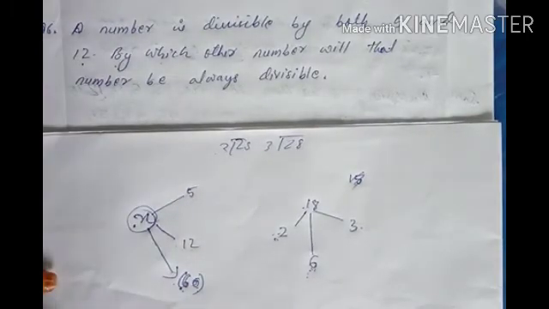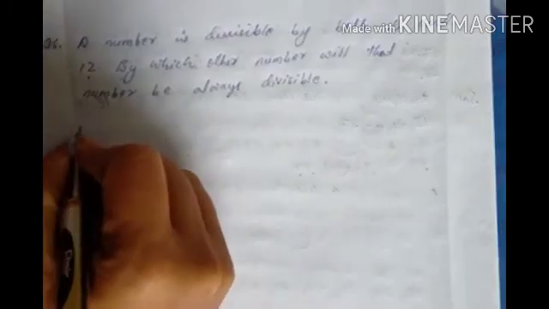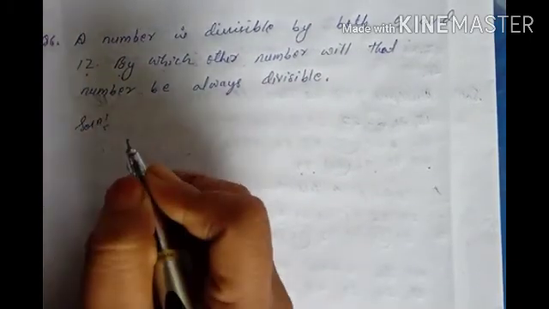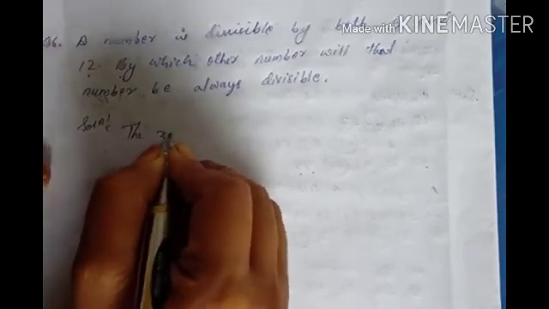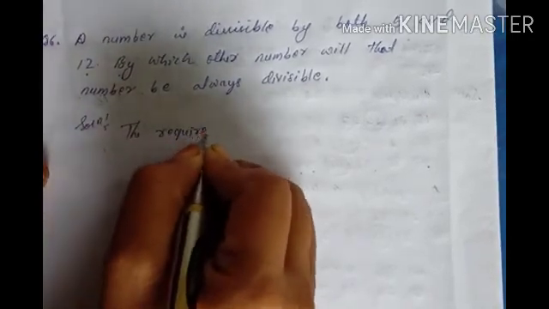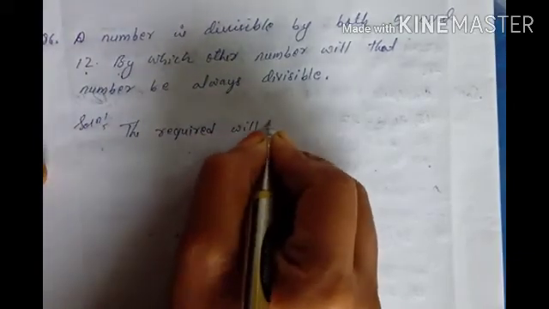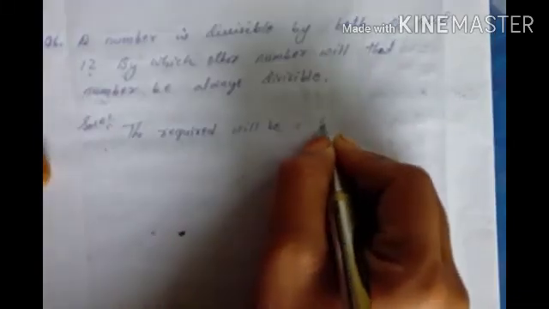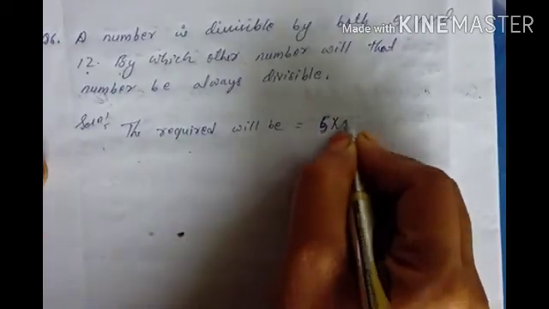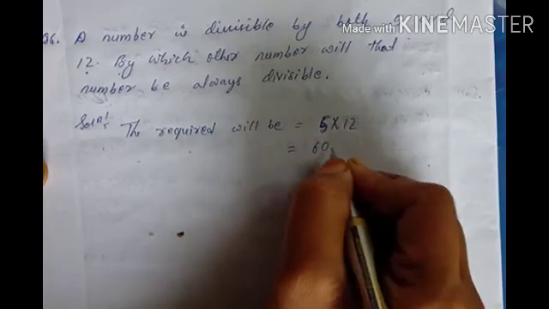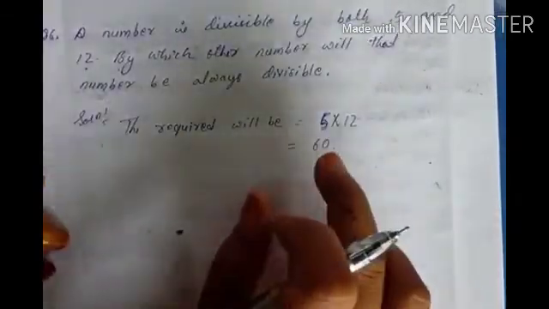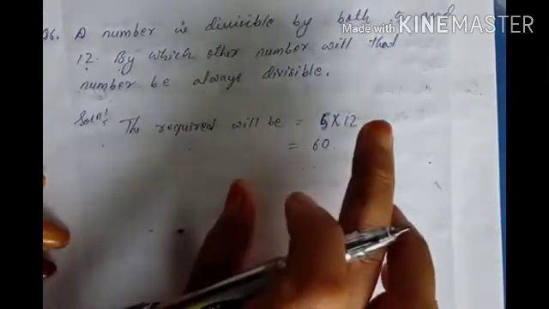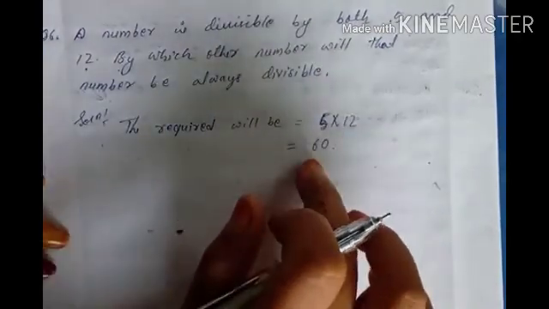So what will be the required number? 5 into 12 is equal to 60. Now 60 is the other number which will always divide the number which is divisible by 5 and 12. What is the number? 60.